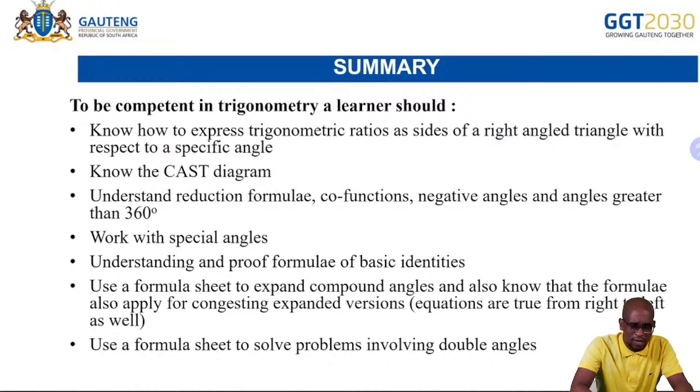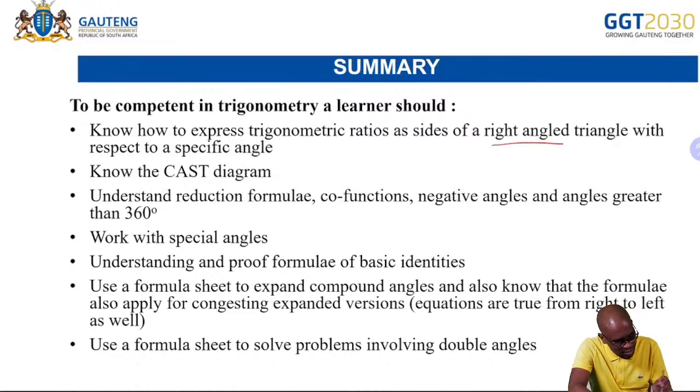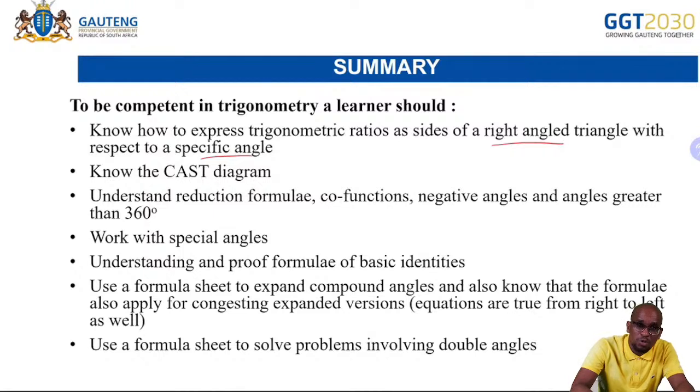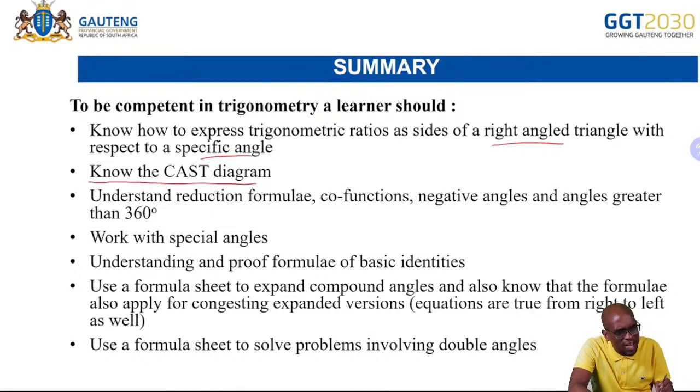Now, the summary for this lesson: in order for you to be competent in solving trigonometry problems, you should know how to express trig ratios as sides of right angle triangles with respect to a specific angle. You should know and master the CAST diagram. That's non-negotiable, because that is the diagram that you will use to solve all questions in trigonometry.